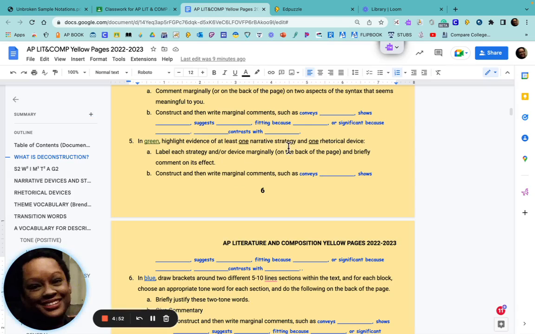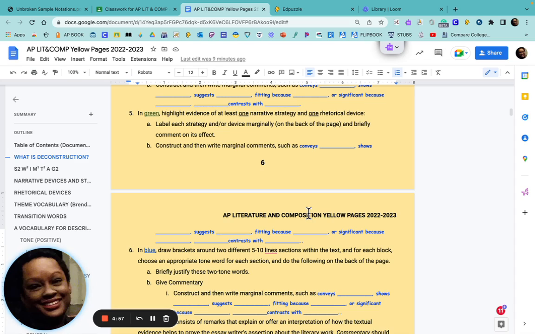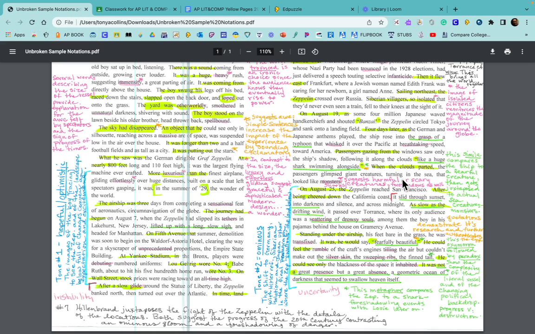There I gave you sentence stems to give me information on the rhetorical strategy, narrative strategy, i.e., figurative language. You just can't tell me what it is. You have to tell me how it relates to the overall text. How does it relate to the overall text? And this kid did that. So look at it and pay attention, kiddos.